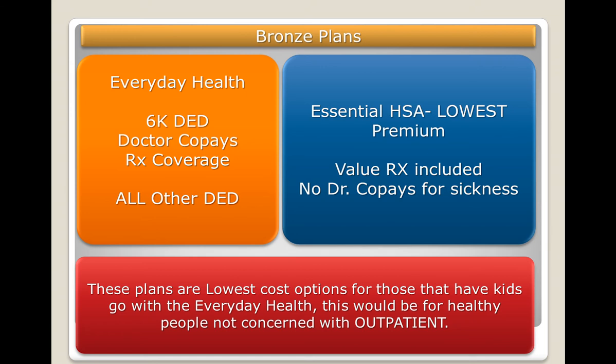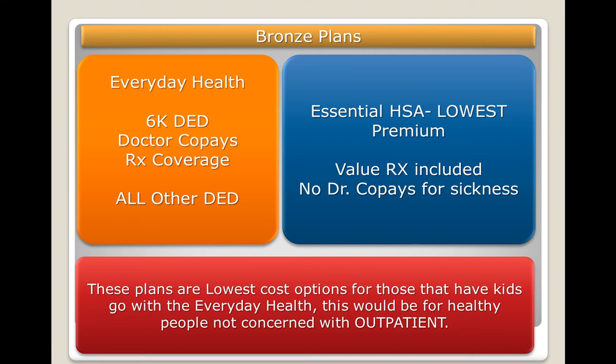Now, with our essential HSA plans, they are the lowest premium. Your client is going to get the negotiated rate for all of the medical services. They are going to get their free checkups and wellness underneath qualified health plans and the core benefits that you guys should already know about. And with that HSA, once they satisfy their deductible, they would be covered for everything at 100%.